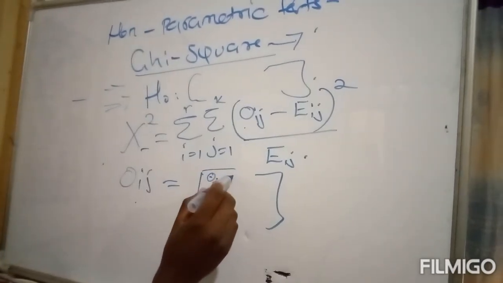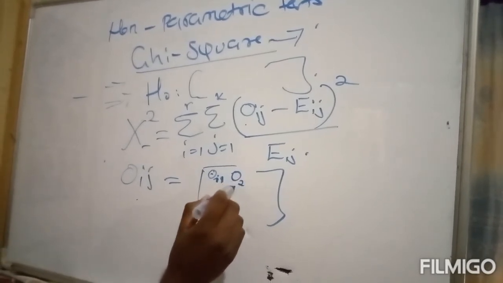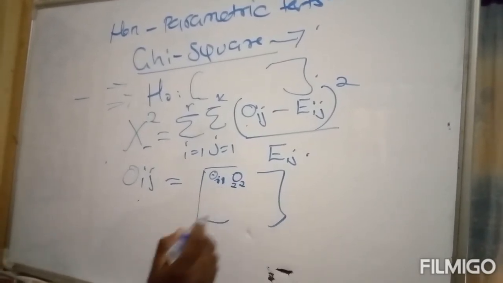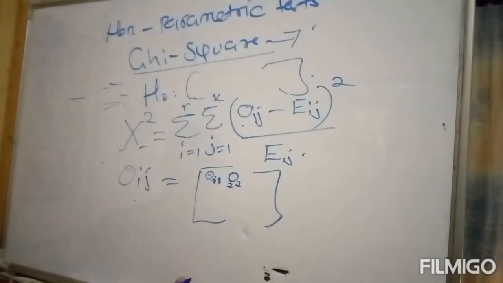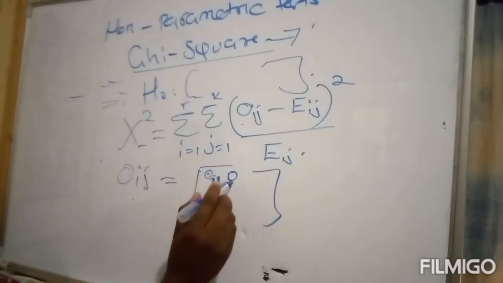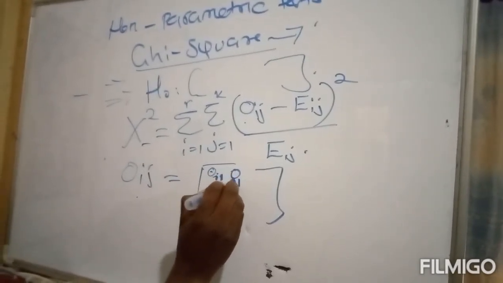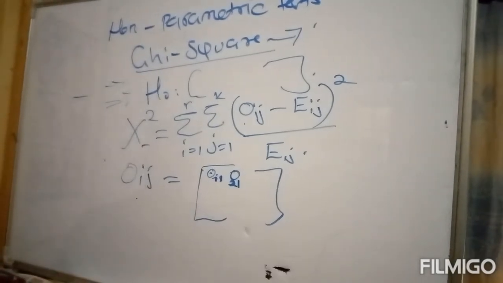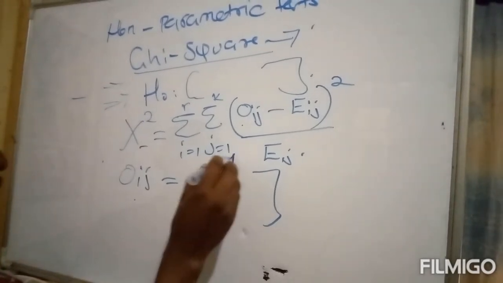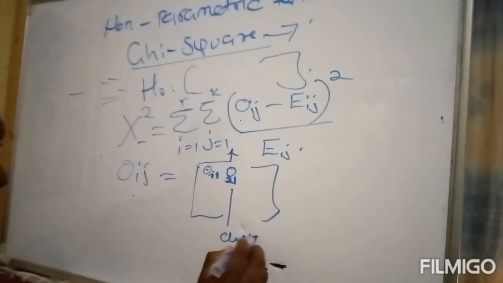Now, the second one will be the first observation in the second group. Now, this is the groups. This is the classifications.